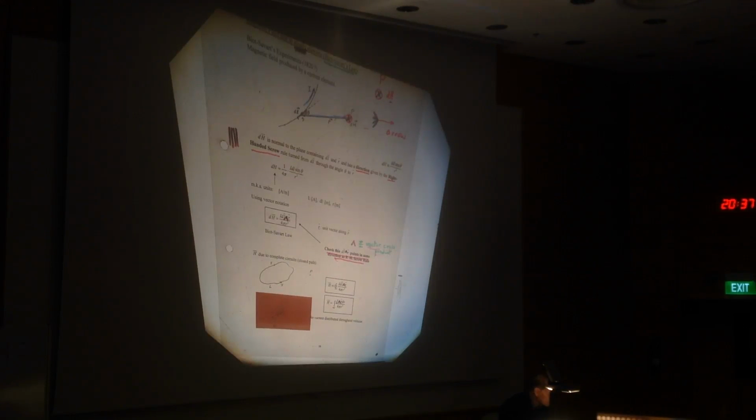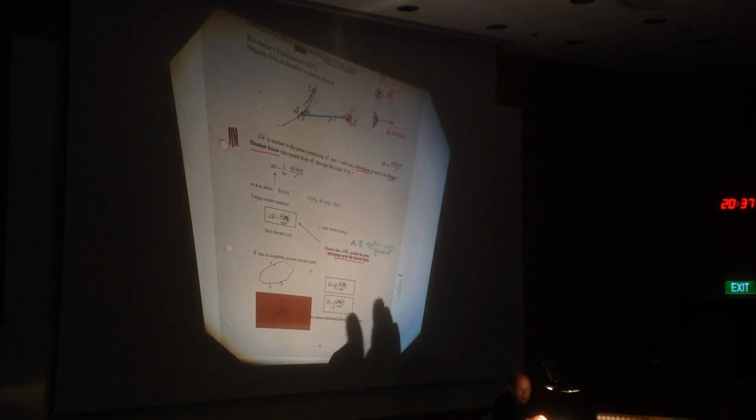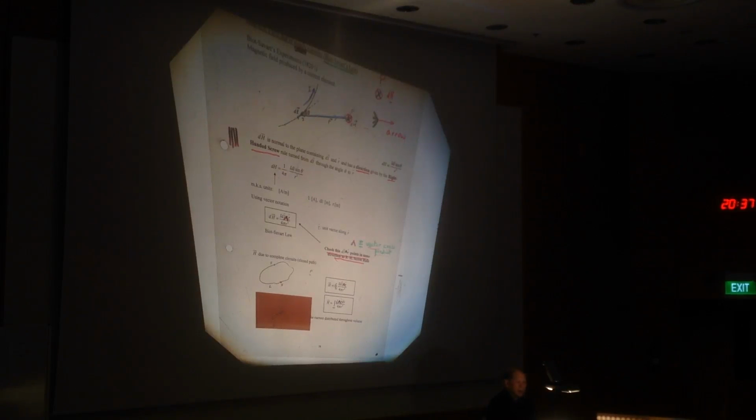But we shall see this is only true when the wire is of finite dimension. We shall see there will be an extension later on, a special case where your wire will be infinitely long. When the wire is infinitely long, we shall see it is very, very simple.